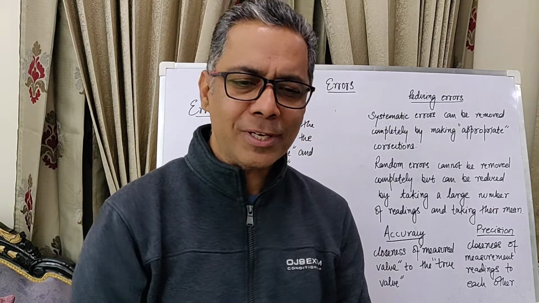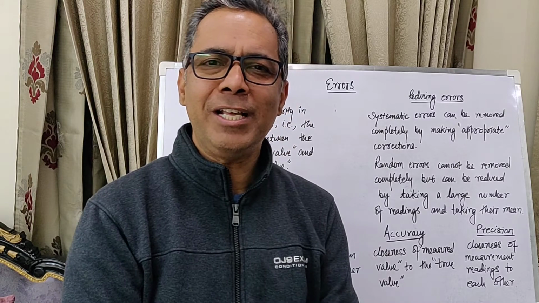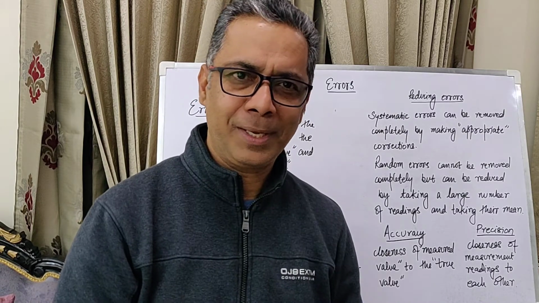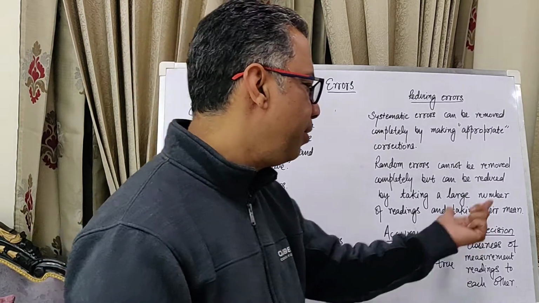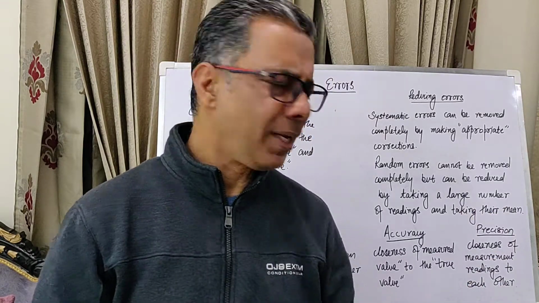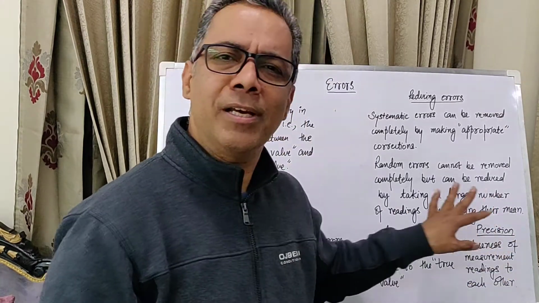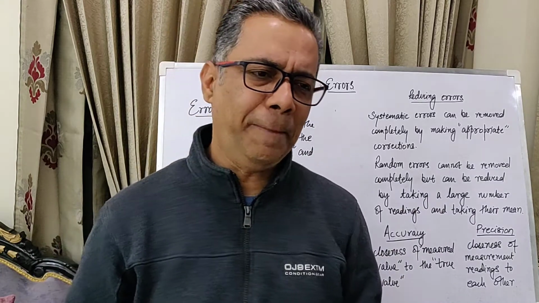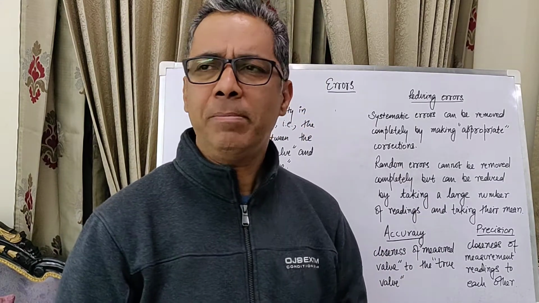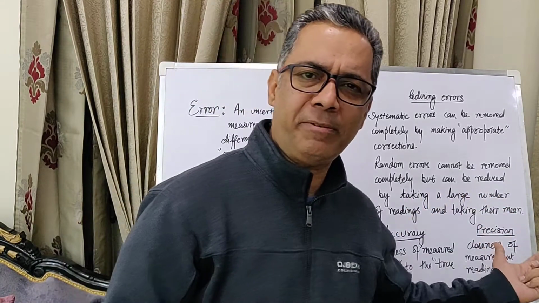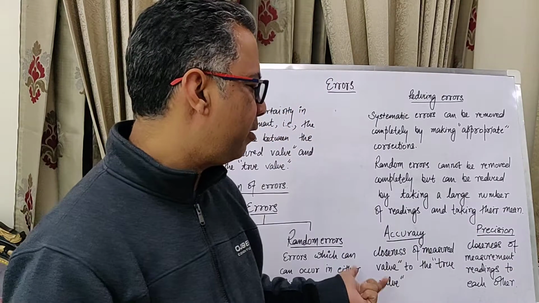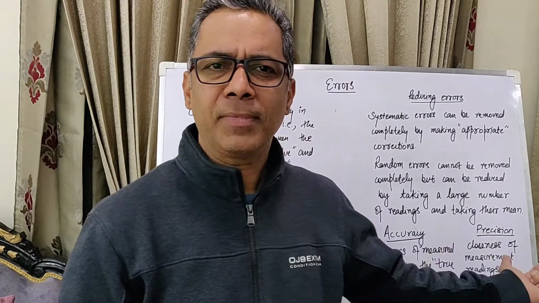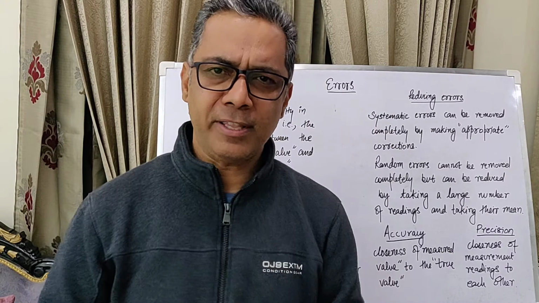Smaller the least count, closer the measurement readings get to each other. And that refers to precision. Now, these two terms are often used kind of interchangeably, but they have very specific meaning in physics, and please remember, whenever we use them, we mean slightly different things.